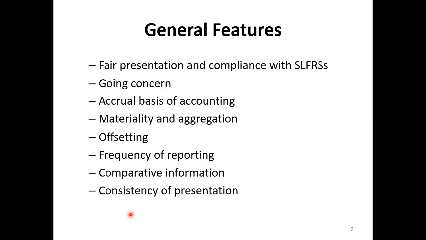So directly they can put the net, offsetting the expenses against the revenue from a particular source of income. Frequency of reporting: every 12 months it presents one financial statement. The frequency of reporting is 12 months.